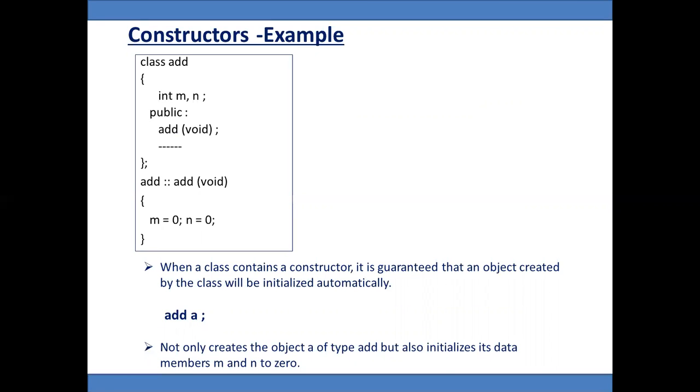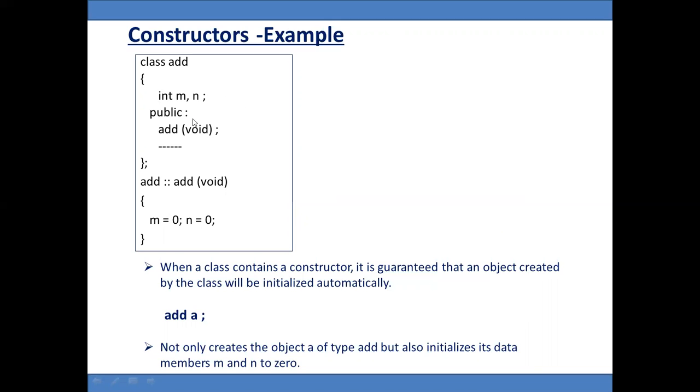Example: the class keyword, then the class name, add. Open brace, two sections, private and public. In this example, the private section has integer m, comma, n as data members.